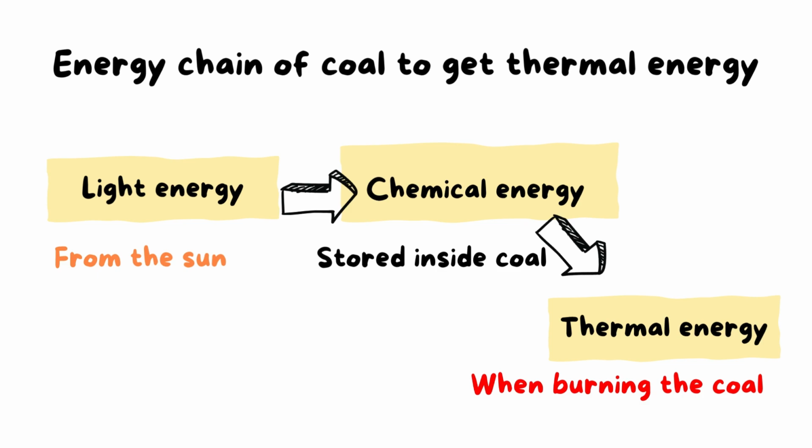And this light energy is converted into chemical energy stored in the coal. So coal here is a resource of energy. That means coal is a substance that we use to get energy, okay? And here, the chemical energy stored inside the coal is converted into thermal energy when we burn the coal. When burning the coal, we get thermal energy.